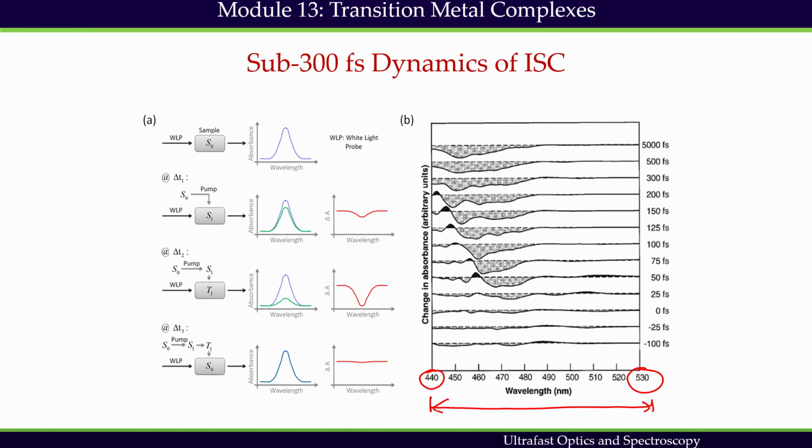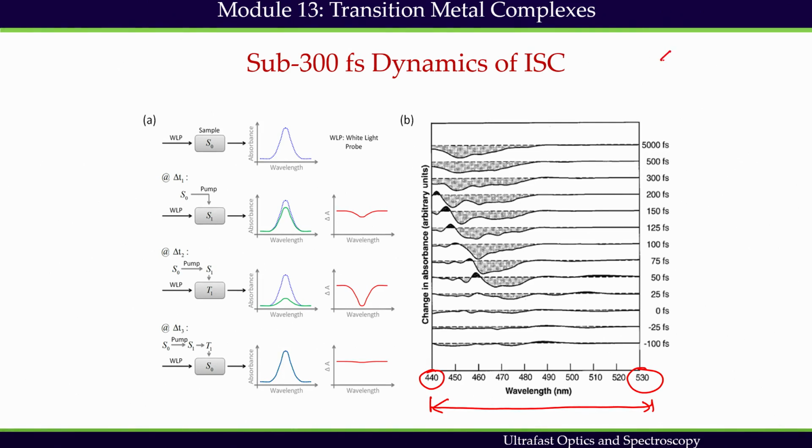So, this white light broadband spectral width is ranging from 440 nanometer to 530 nanometer, and a short pulse centered at 475 nanometer is used to photoexcite the species to the singlet MLCT transition.